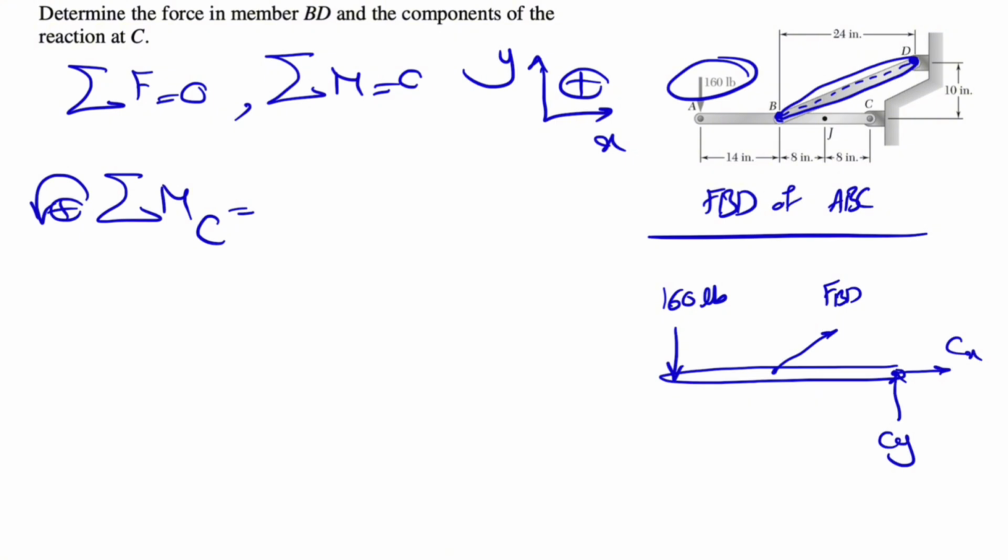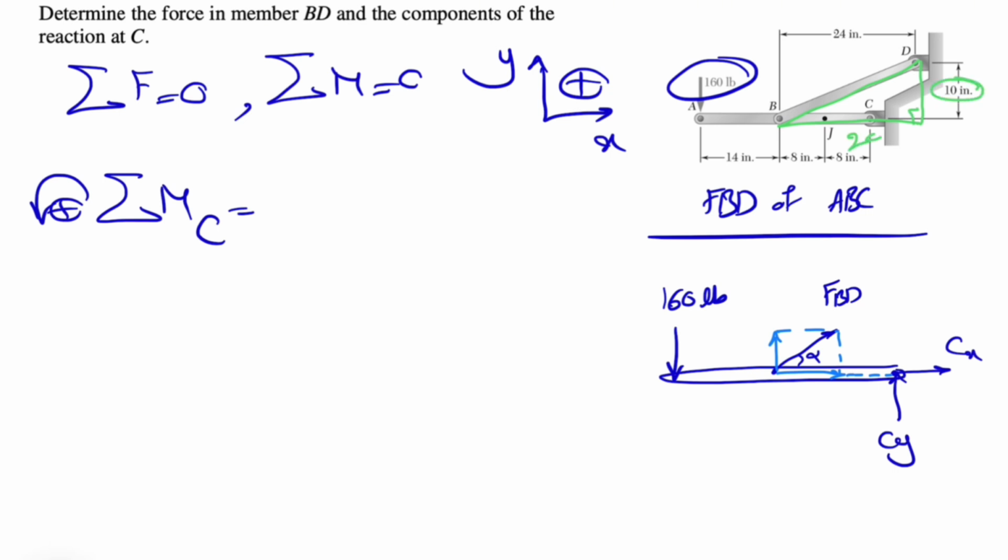We're going to have the moment of FBD. If we resolve FBD into two components of x and y, we can see only the y component is going to make a moment. The other one is going to pass through point C, which means no moment. And the question is how we're going to find the y component. If we call this angle alpha, that alpha would be easy to find if we look at this right triangle in here.